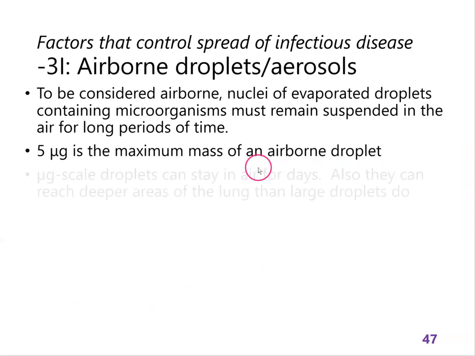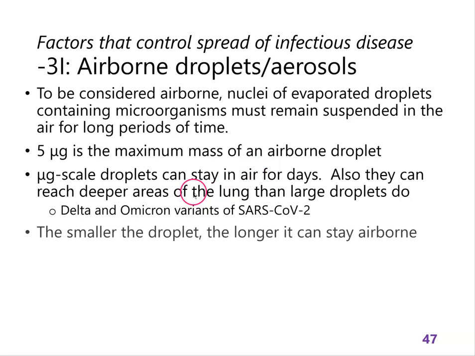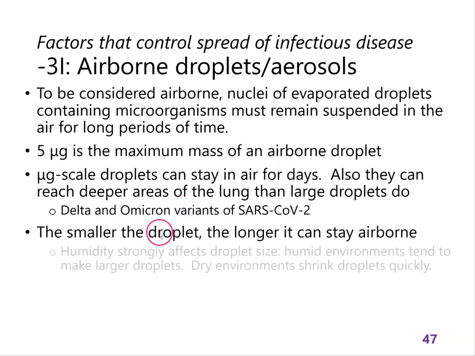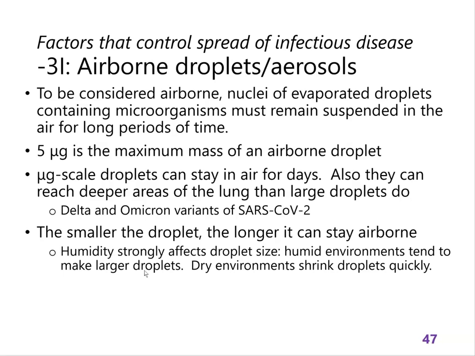Let's see what else. That's what it said. Humidity affects droplet size. So if you live in the interior of the country or on the East Coast, in the winter it's very dry, and in the summer it's very humid.